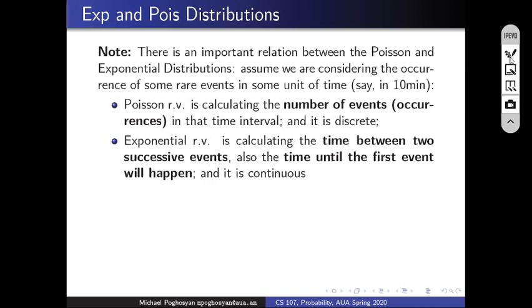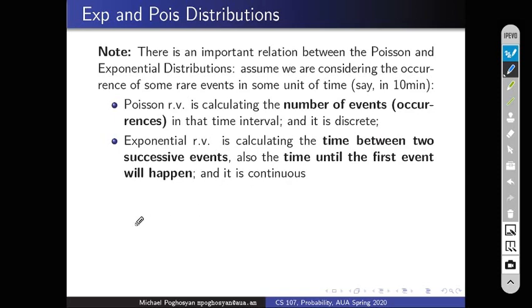So let me draw the timeline. Say this is time. We are fixing some time interval, this is our unit of time interval. And we have some events happening here. So what is Poisson calculating? Poisson is calculating how many events there were.